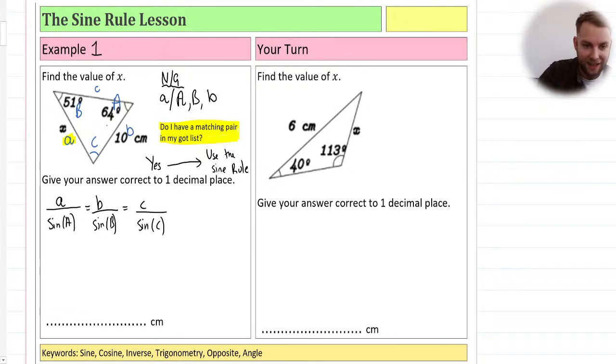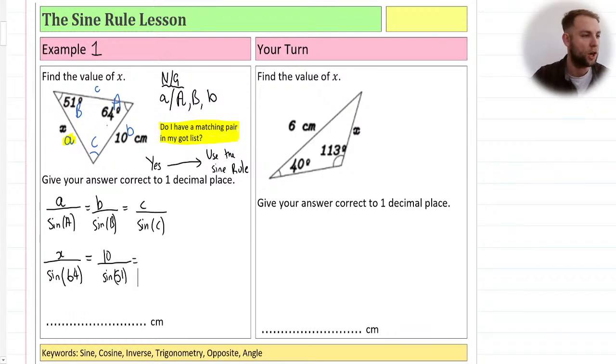So a is x, so it's x over sine of A, which is 64, is equal to b, which is 10, over the angle for b, which is sine of 51, which is equal to, now notice that I don't have any c's. So because I don't have any c's, it means that I'm not using that.